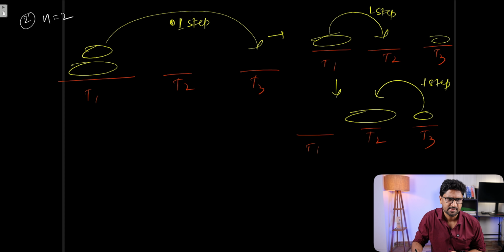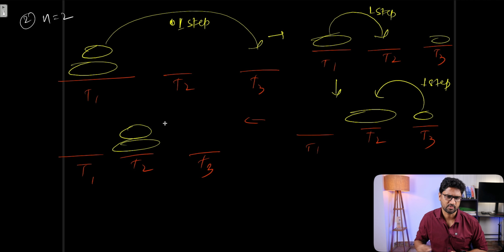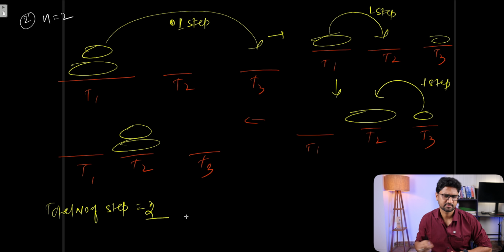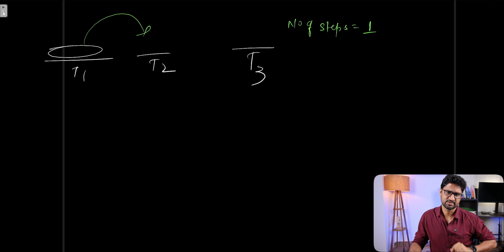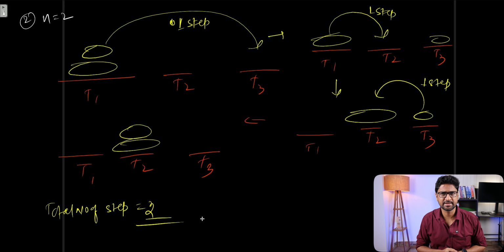Finally the situation looks like this: T1, T2, T3, then I have the bigger coin and a coin on top of it. So the total number of steps is equal to 3. Now, when I had one coin, I took one step. When I had two coins, I took 3 steps.